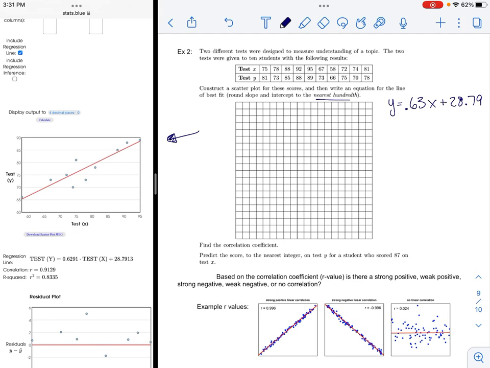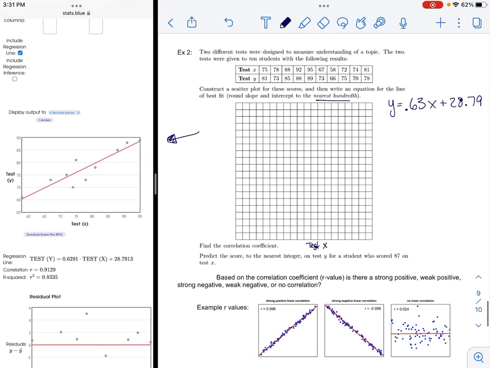Now, to graph my scatter plot, my x-axis is going to be test x info, y-axis is test y info, and then I'm going to count up by 5s from 0. So it's going to take a minute, and then I'm just going to plot it. So on your own time, you can go ahead and plot all of this.